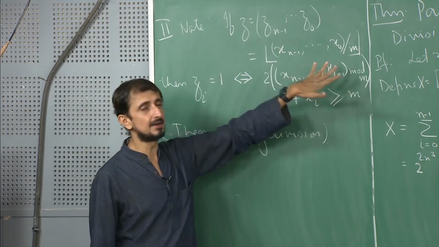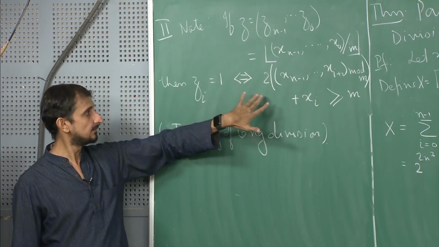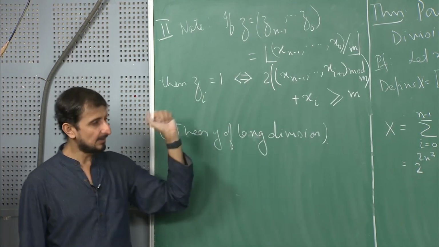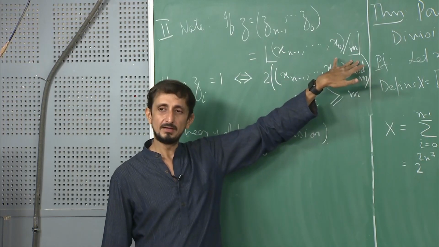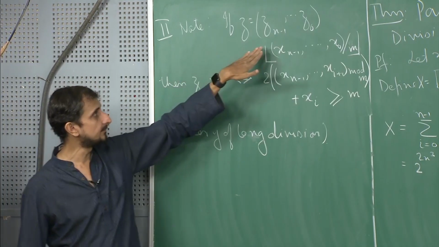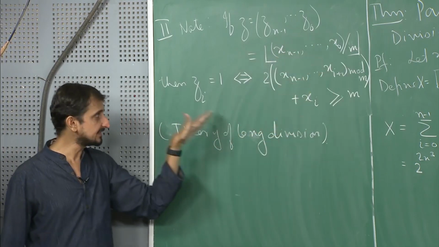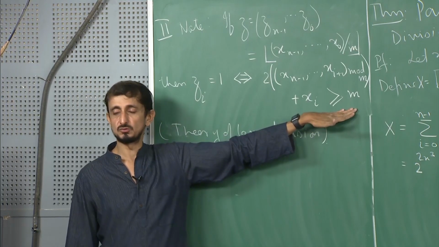It need not even be a binary number; it can be over any k-ary number, even a decimal number, but there instead of 2 you will have whatever k you are considering. But let us say you have some binary number and you want to divide it by m. Suppose the quotient that it produces is some z_{n-1} to z_0, then the ith bit of z is 1 if and only if this is true.